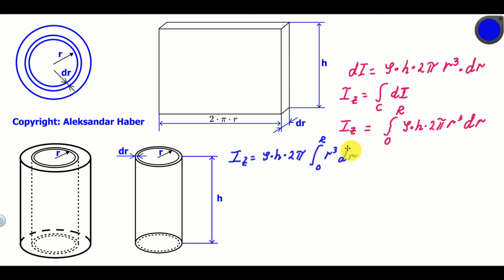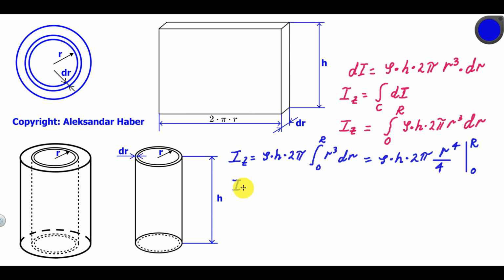Next, let's evaluate this integral. This becomes rho multiplying h multiplying 2 pi, and integral r to the power 3 dr becomes r to the power 4 over 4. And let's not forget the bounds. The bounds are from 0 to r. Let's simplify this expression and evaluate the bounds.